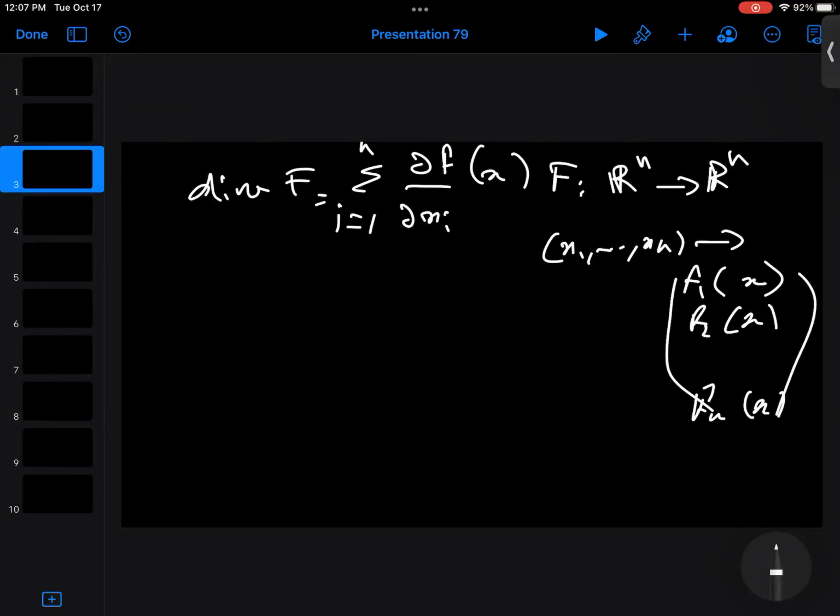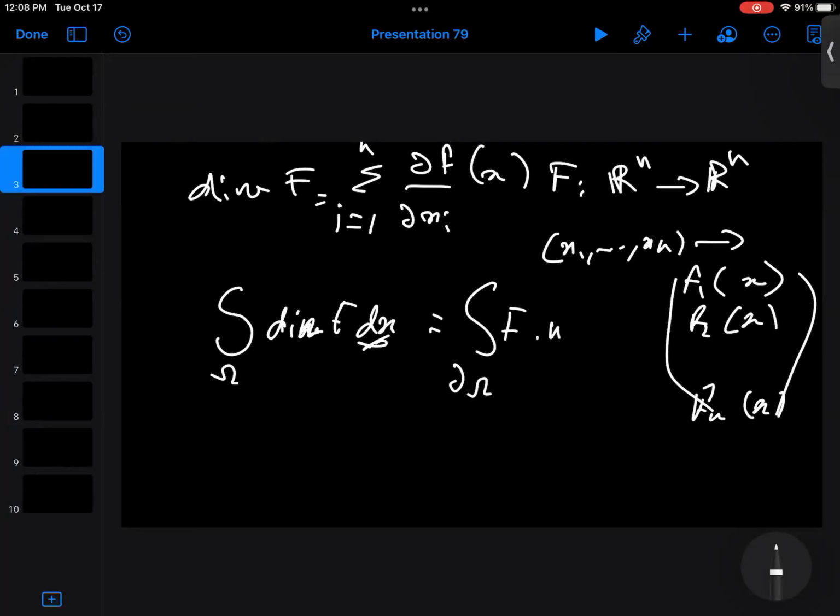All right, and the divergence theorem says that the integral over omega of the divergence of f dx, this is the Lebesgue measure, equals the integral on the border of omega of f times n. Here, this is the measure on the border.